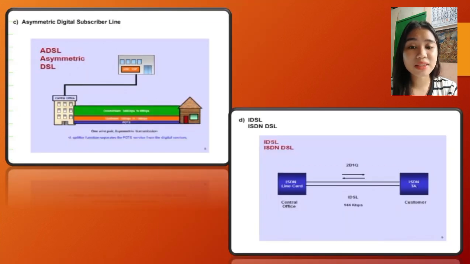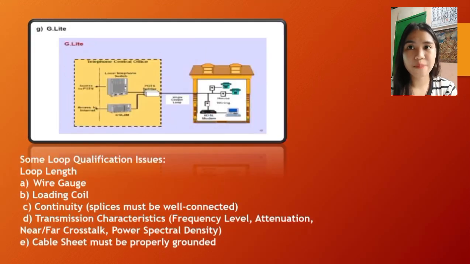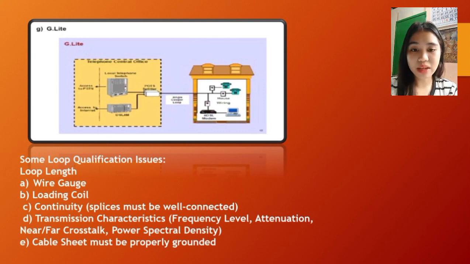ADSL differs from the less common symmetric digital subscriber line. So it is nicer, it transmits network better than the previous ones like the telephone and TV. These are the reasons why DSL, like this ADSL, is much nicer.